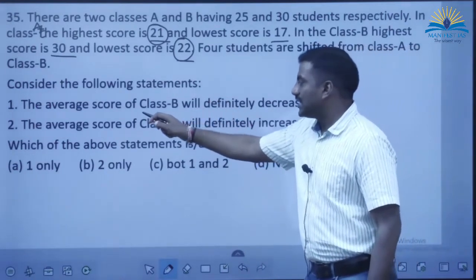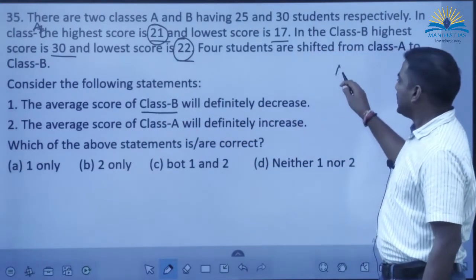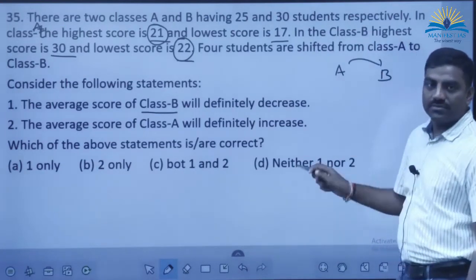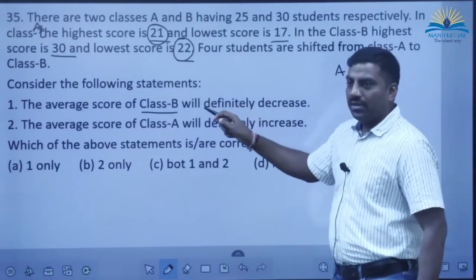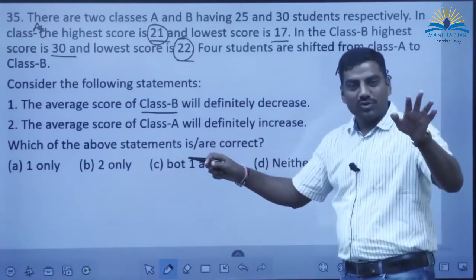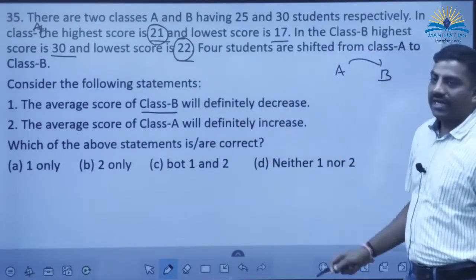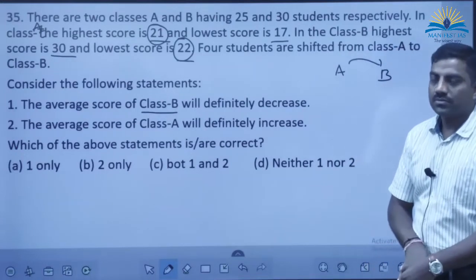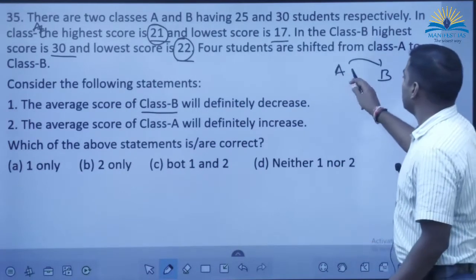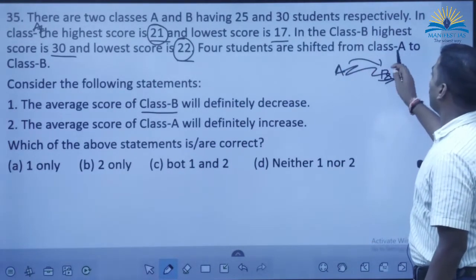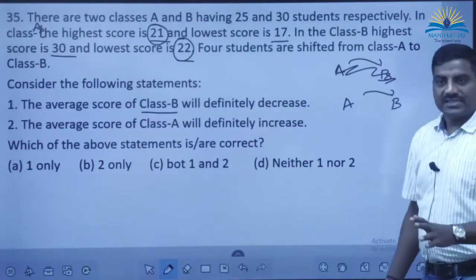The average score of class B will definitely decrease. Class A is sending some students to class B. Yes? Average score of class B is not the problem of average at all. Don't worry. Average score of class B will definitely decrease. Wait, 4 students are shifted from class A to class B. Class A is weaker.